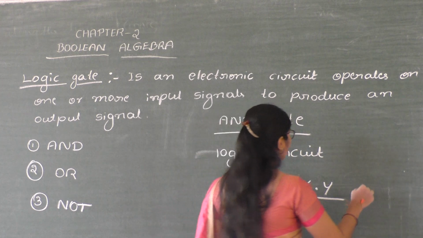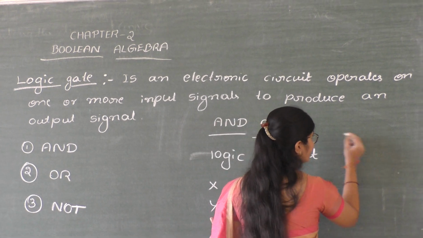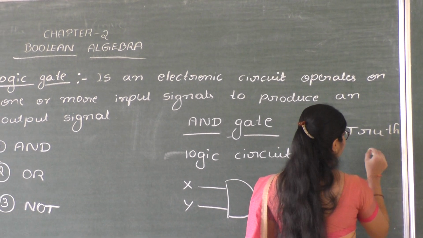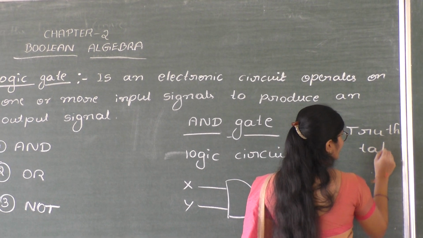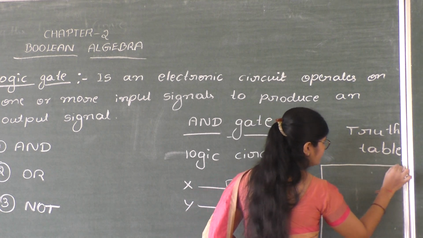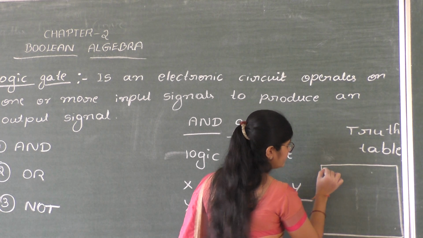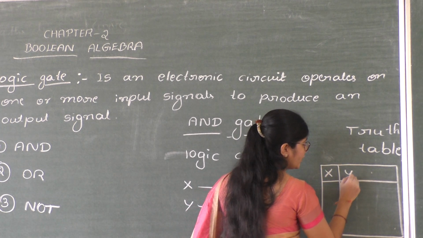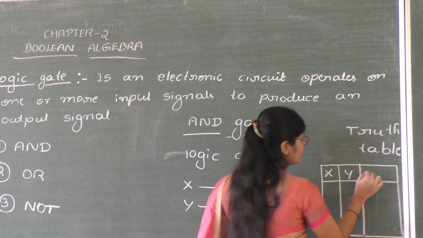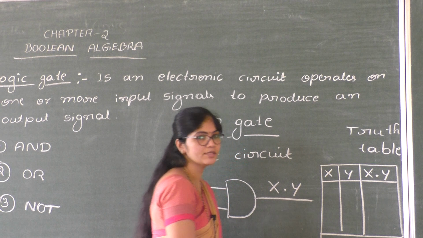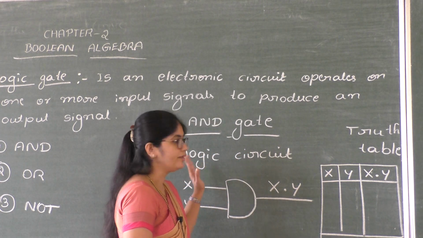We shall see the truth table of AND gate. See, X and Y are the two variables, then output is X dot Y. The dot symbol is used to represent AND operator.